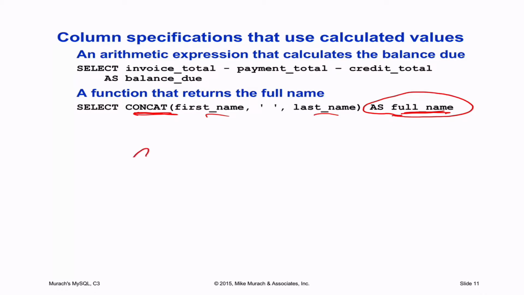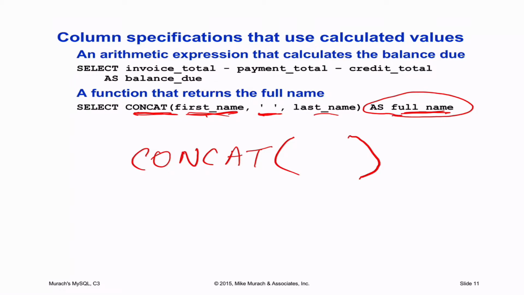It's important with functions that you understand parameters. Concat uses these parentheses, and we see that the first parameter fed into the concat function is the field name, first name. Then we put in a set of empty quotes. That's to give it a space in between the first name and the last name field.